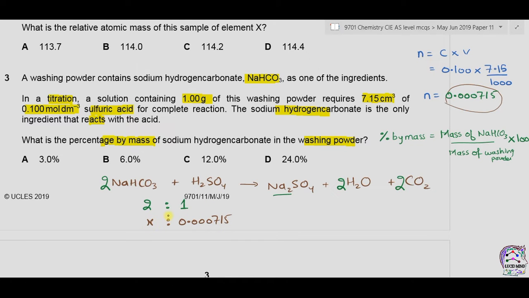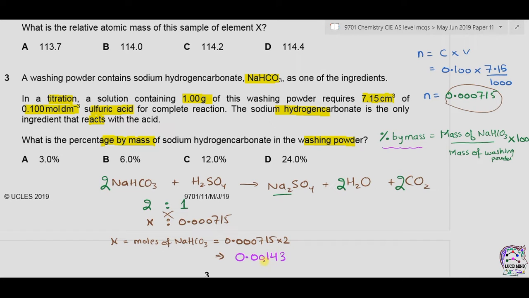And let's calculate by cross multiplying the number of moles of NaHCO3 comes equal to 0.000715 into 2. The answer is 0.00143 moles of NaHCO3.